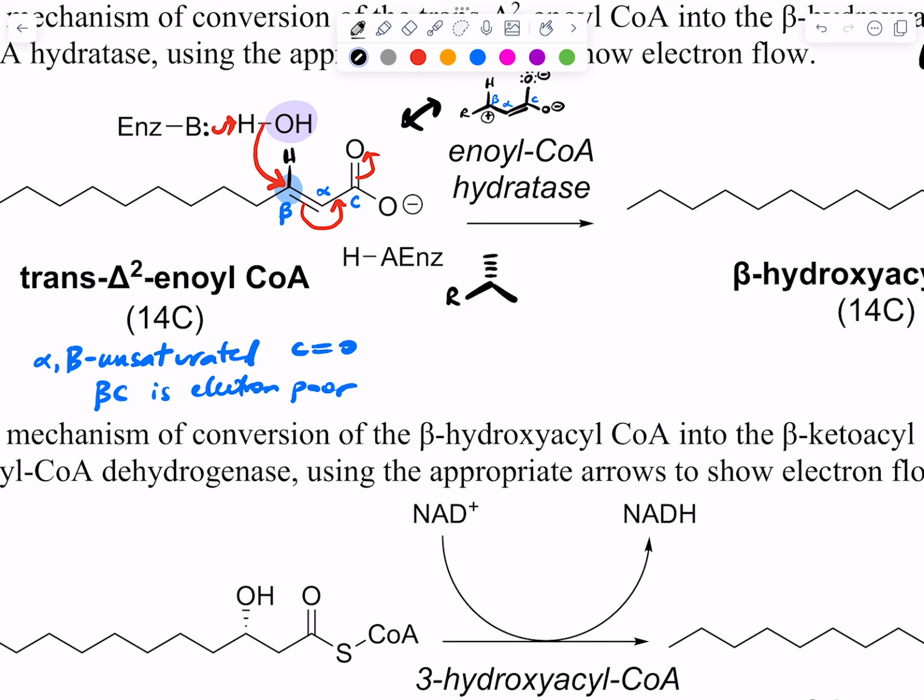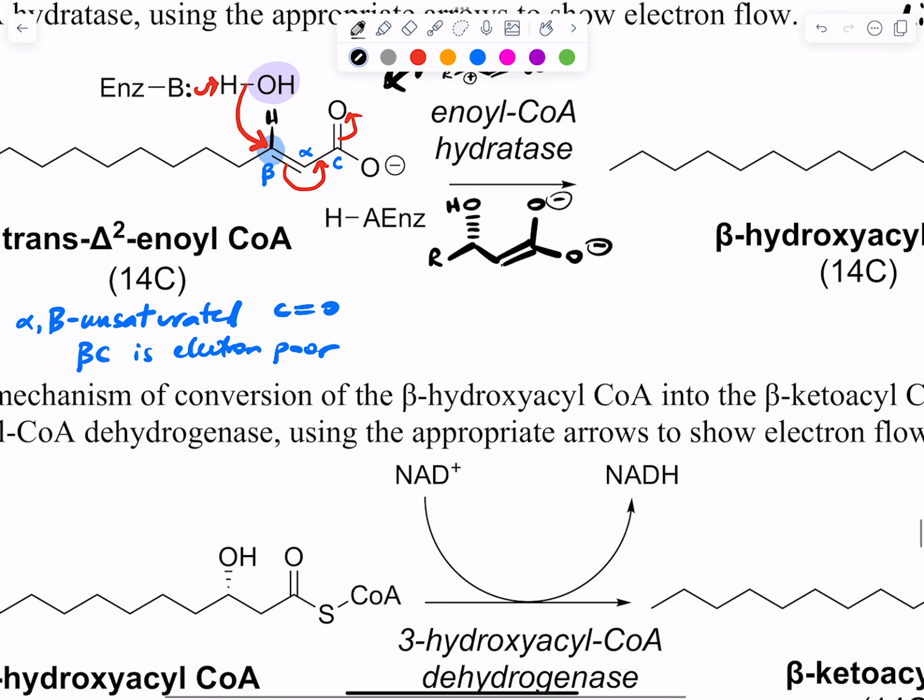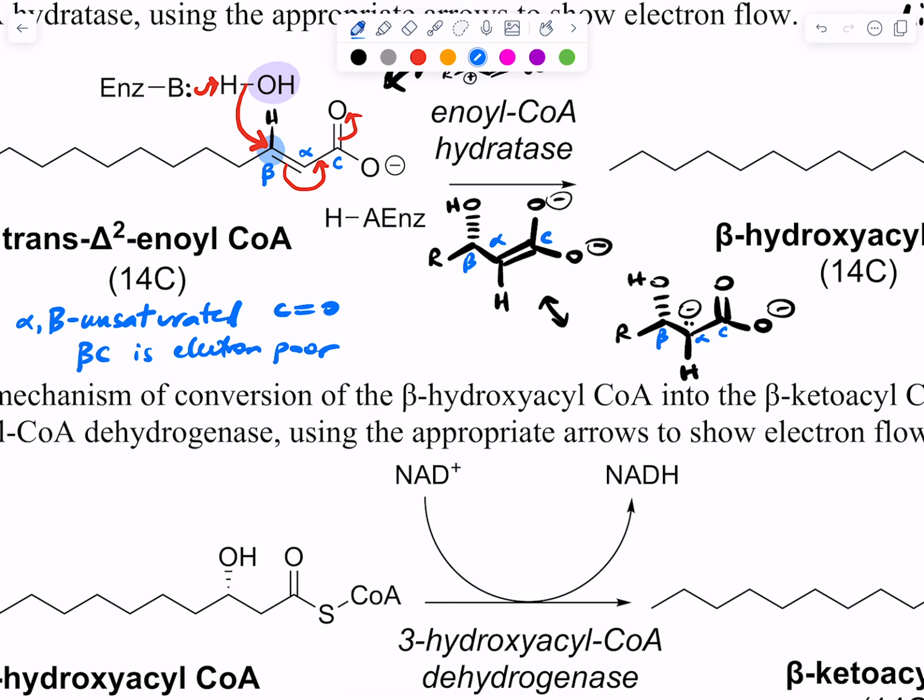The enzyme controls the stereochemistry and water adds from below, and the product of that step is this molecule, which is a resonance stabilized enolate. We could have just as easily drawn this molecule as the alternative resonance structure in which the negative charge is on the alpha carbon rather than on the carbonyl oxygen. Do you guys see how those two options are resonance structures of each other?